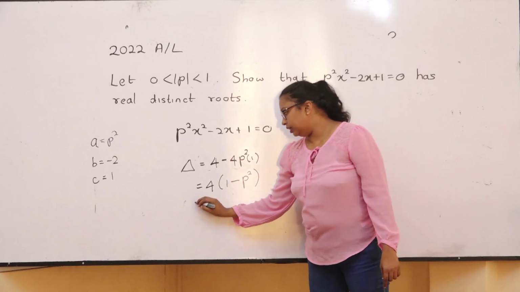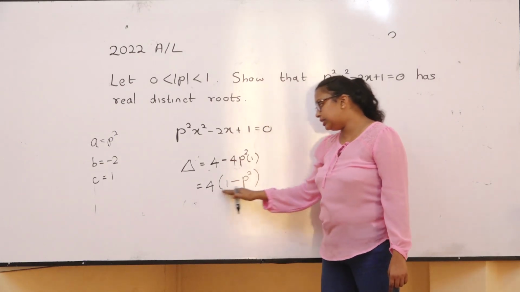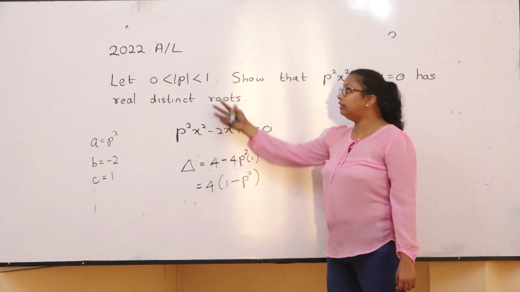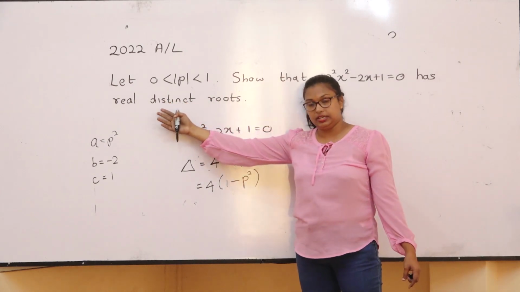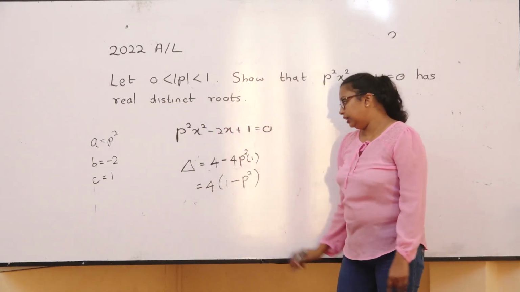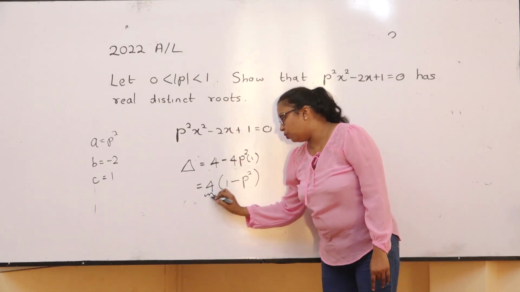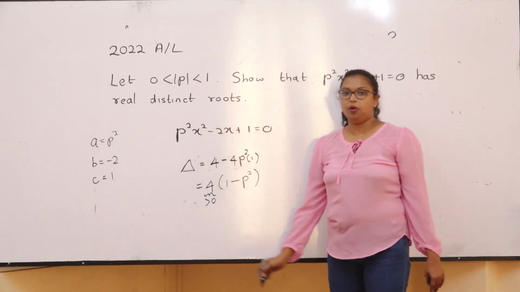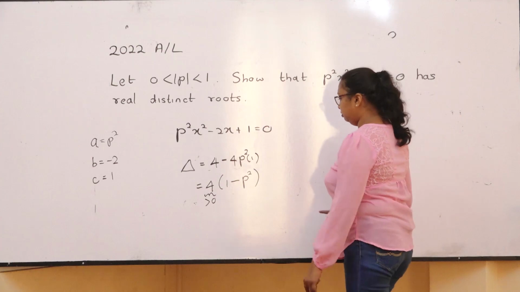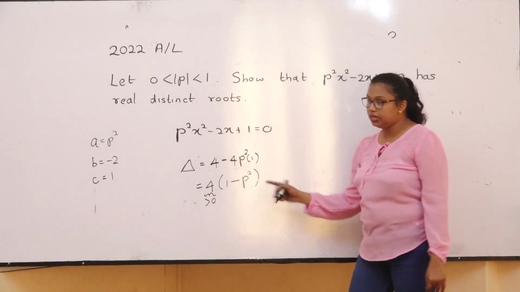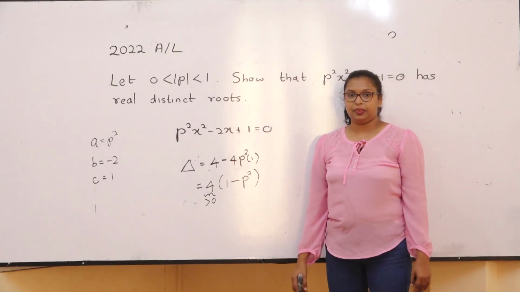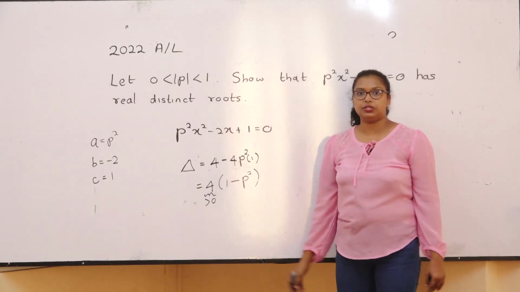So, what we have to do now is show that this term is positive, then only can we tell that this has distinct real roots, right. You all know that 4 is positive, definitely. Now, how can we show that 1 minus p squared is positive?